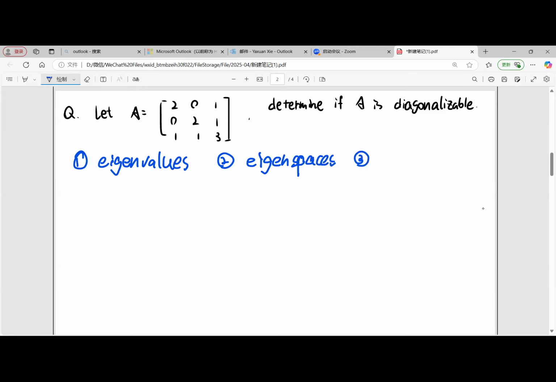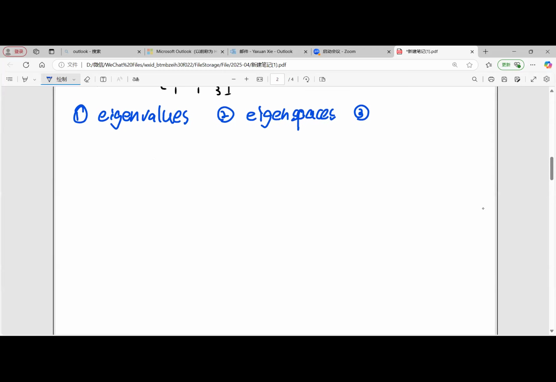And the last one, we want to determine if it's diagonalizable or not. So for the first step, to calculate the eigenvalues, we calculate the determinant of A minus lambda I. So that's 0, 2 minus lambda, 1, 1, 1, and 3 minus lambda.